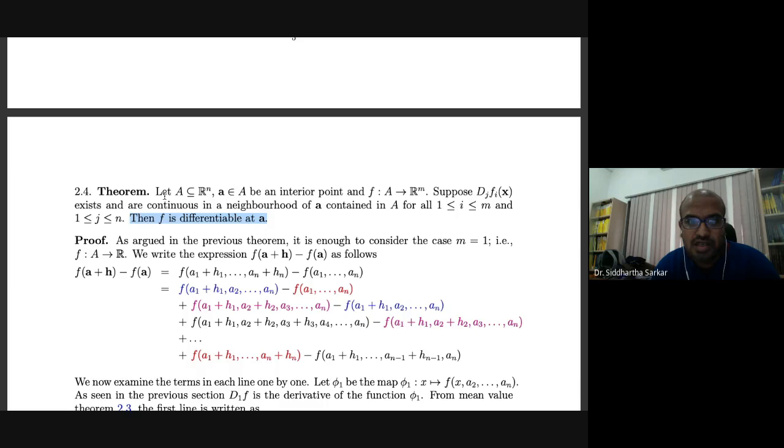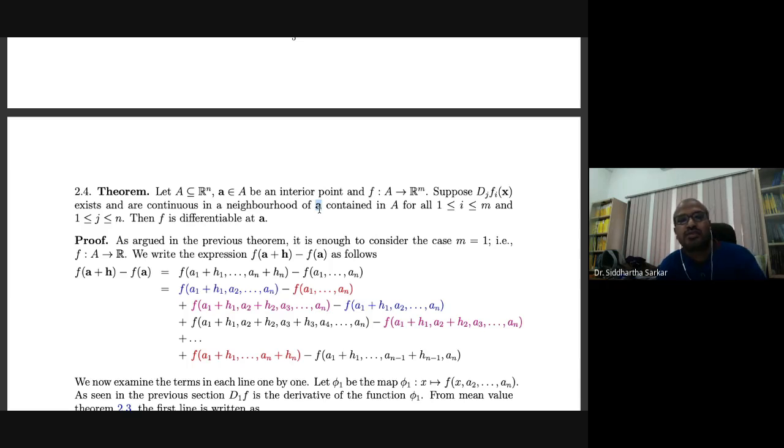You start with some subset of Rn, you take an interior point A, and you take a function from A to Rm. Suppose you assume that dj fi of x, being a function of x, exist and are continuous in a neighborhood of A. So this guarantees that I would be able to make sense of dj fi in some small enough open ball around A, however small it could be.